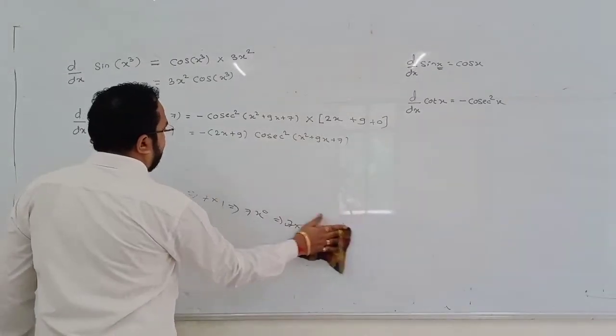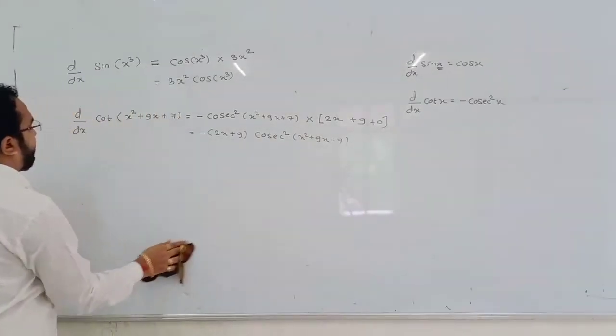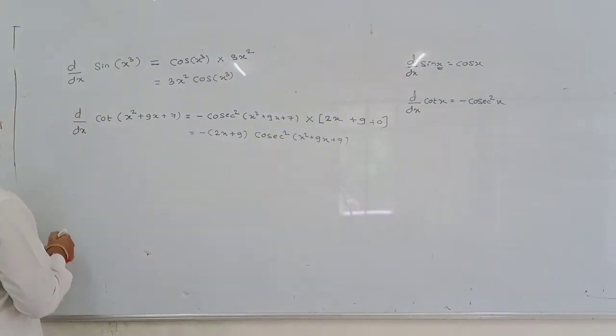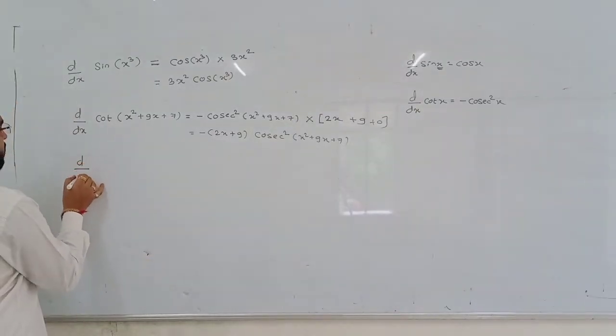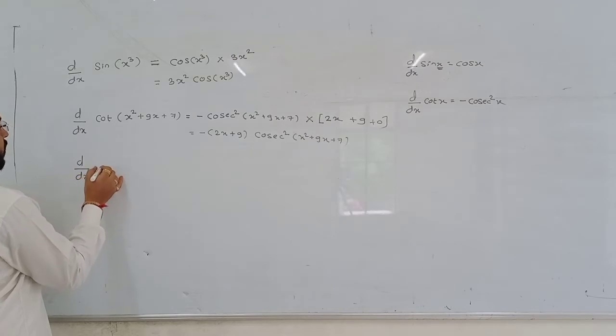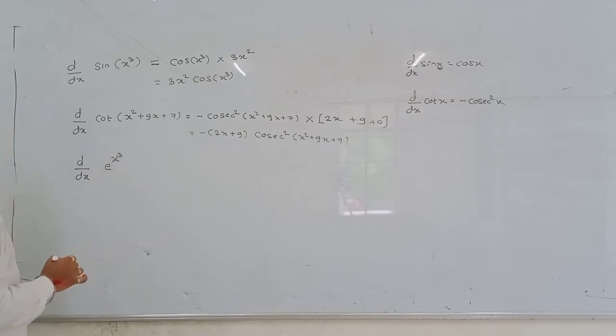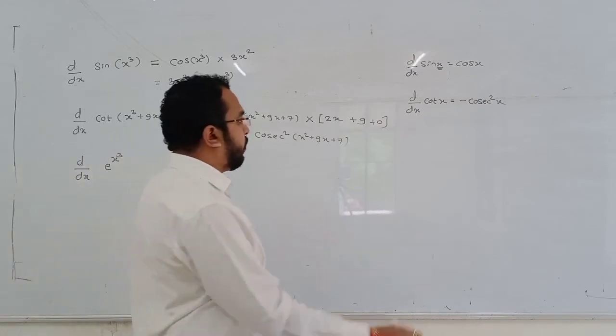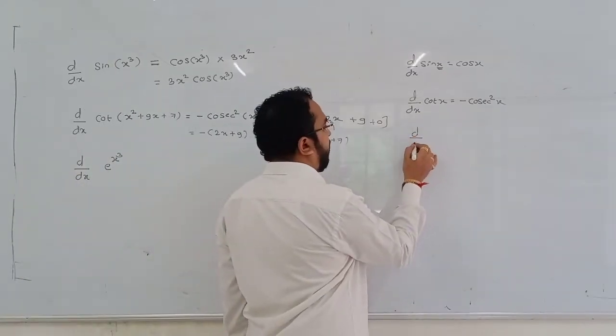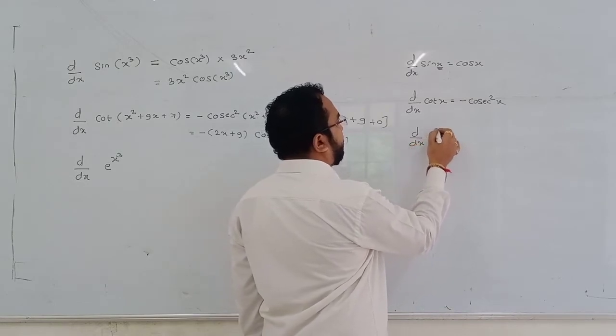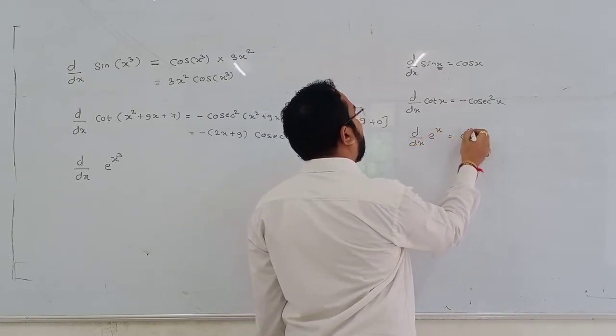Now next we will see differentiation of e to the power x cube. Now student, we know differentiation of e to the power something is e to the power something.